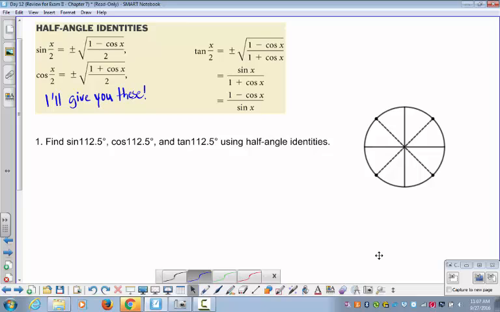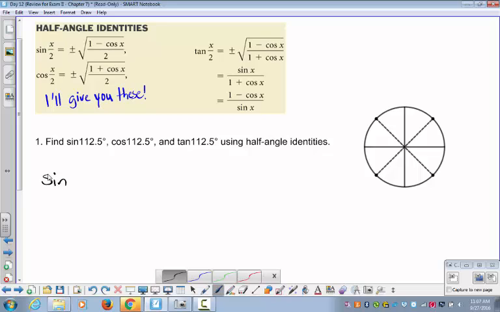That's kind of funny. All right, so with the half angles, we are trying to calculate exact trigonometric function values for angles that are half of angles that we know. Let's do a couple examples of this.